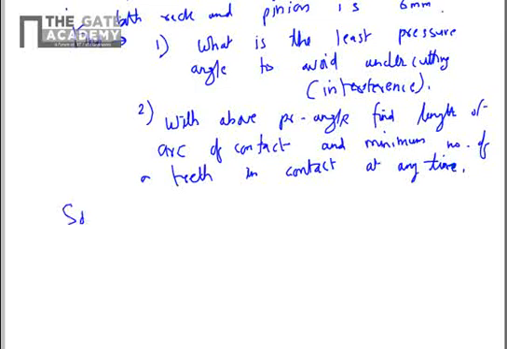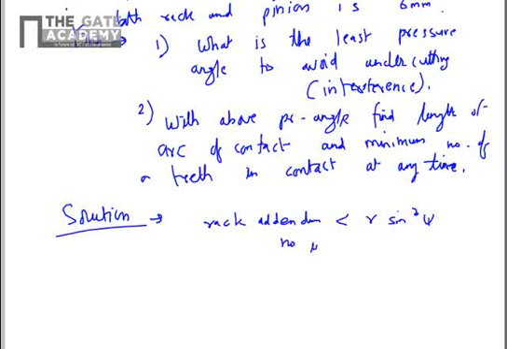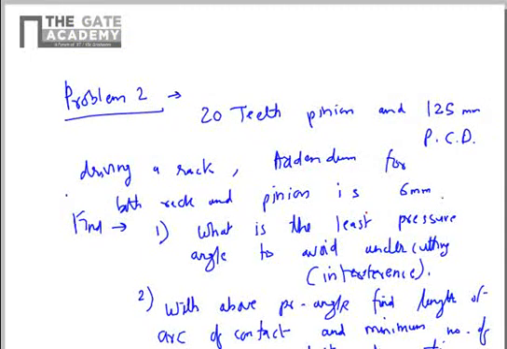For solution, we'll use the derivation that we just did for the rack and pinion. We found that the rack addendum should be less than r sine square xi for no interference. Very simple no interference condition for the rack and pinion. The rack addendum is given as 6 mm here.